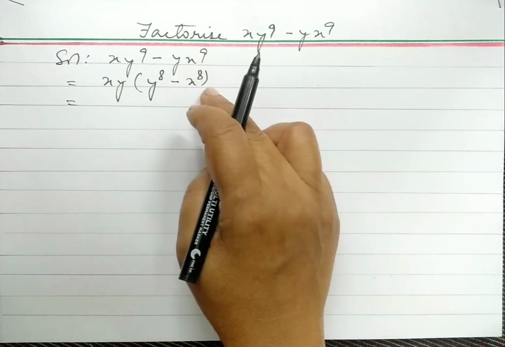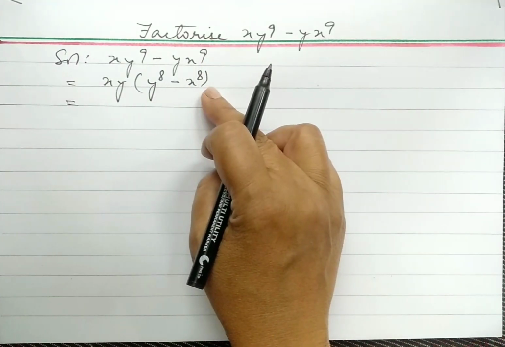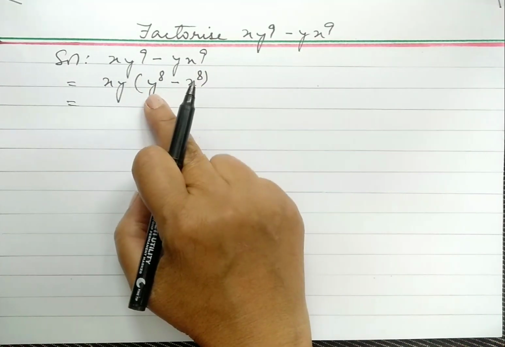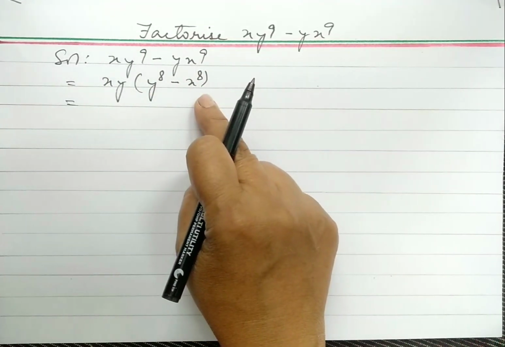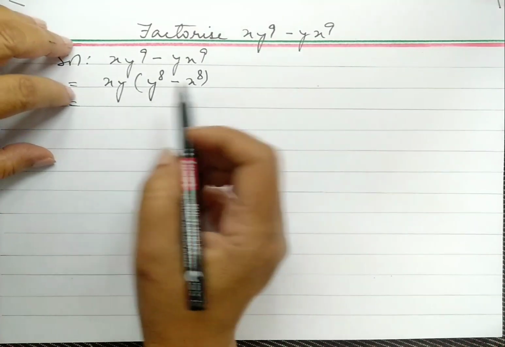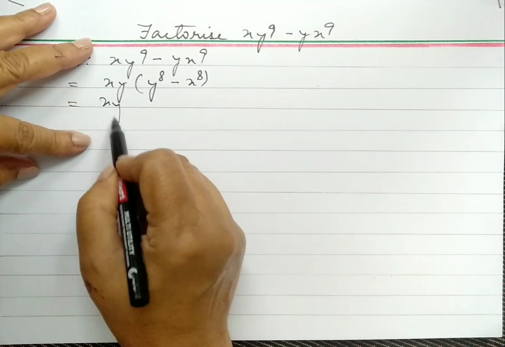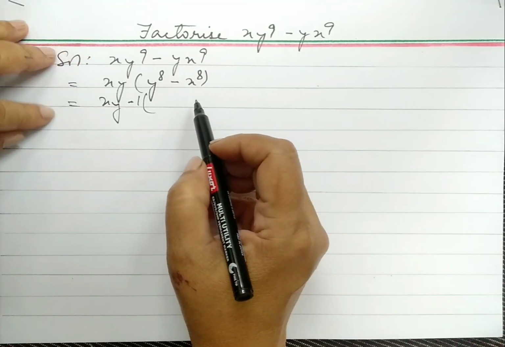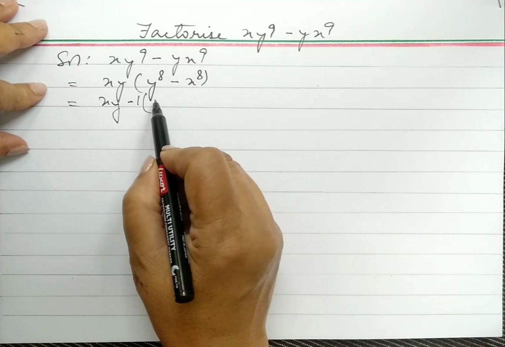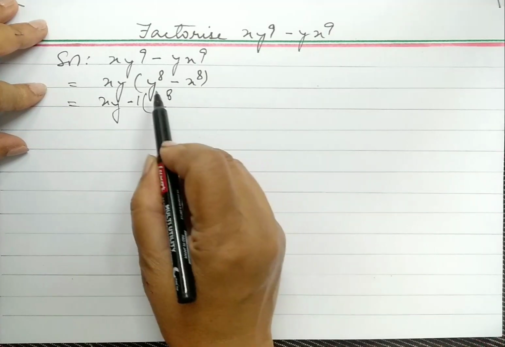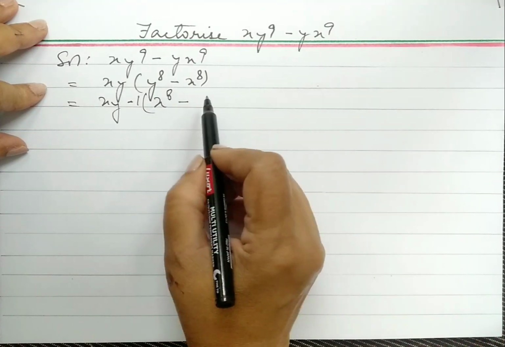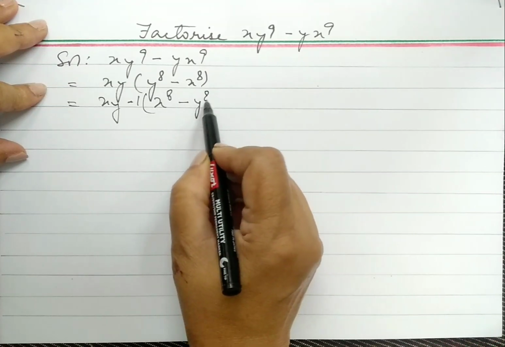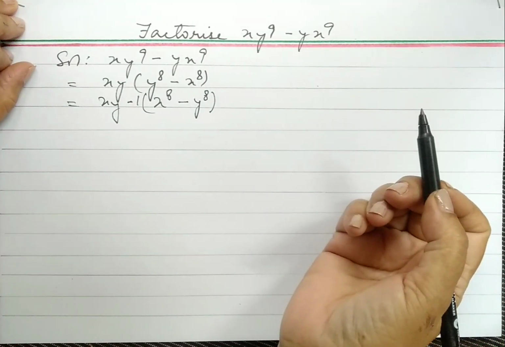Now this doesn't seem very nice to the eye because we would like alphabetically x this side and y this side. So to do that, can we take minus 1 as common? We can, isn't it? So we'll then have x to the power 8, and then if we put minus here, so we'll get this as this.